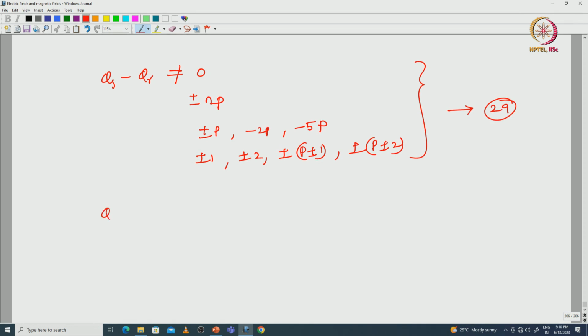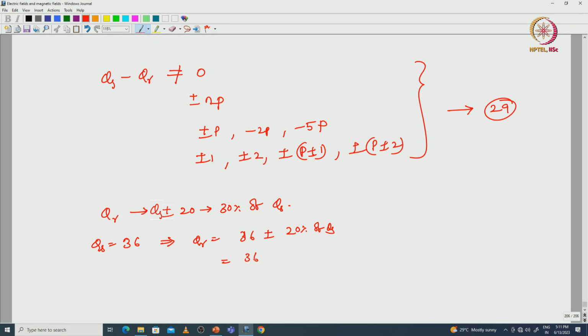If we want to select the rotor slots directly without thinking about all these aspects, one solution is QR equals QS plus or minus 20 to 30% of stator slots. For example, QS equals 36 means QR is equal to 36 plus or minus 20% of QS.